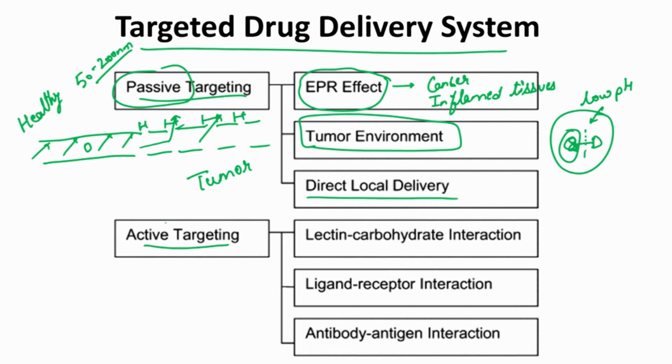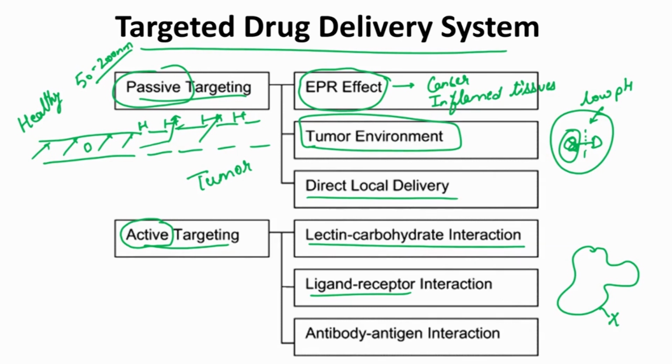So, let us look at what is active targeting, and as you can already see in the slide, this is specific to a direct interaction. So, let us say there is a receptor ligand. We know maybe a tumor cell, because of its high metabolic rate and because of whatever mutation they might have, expresses a protein X on the surface which is present only in the tumor or at least in much higher amounts in tumor.